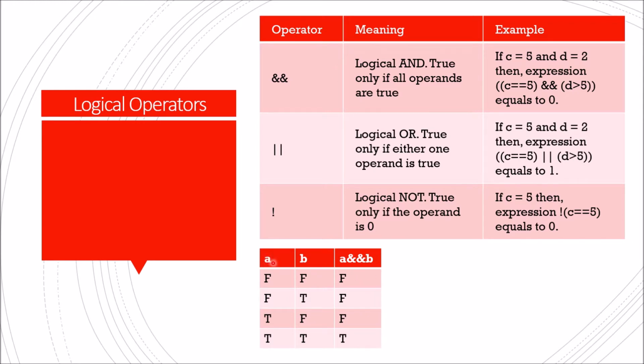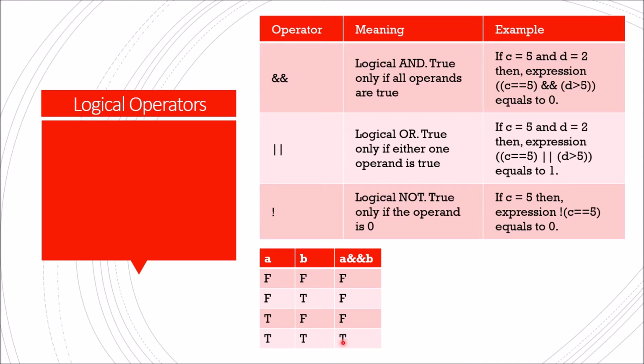Here we have the two operands A and B and their respective values. So we have the value of false or true in four different cases. So now let's see the return of this operation of logical AND. As you can see, all of them are false except by one, which is true.